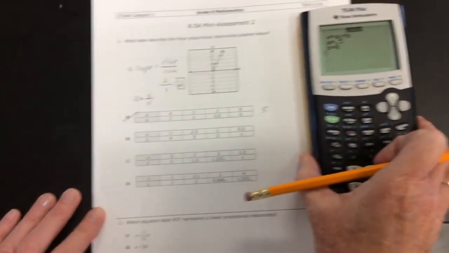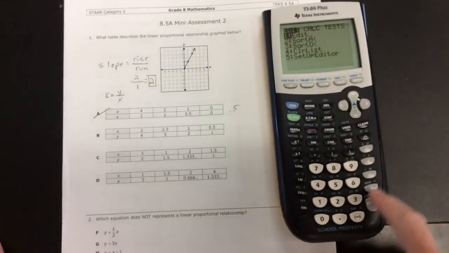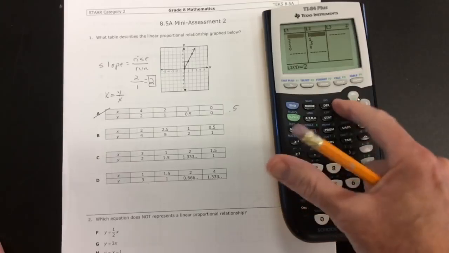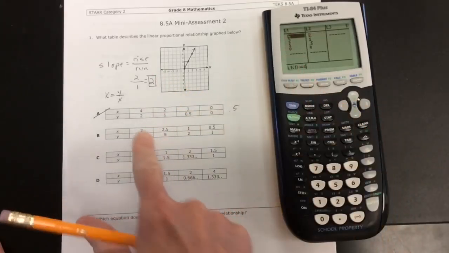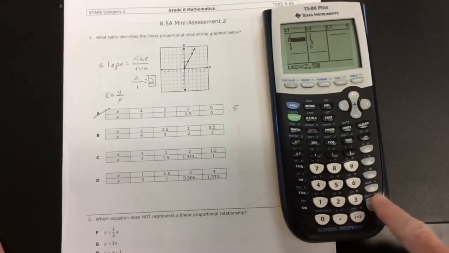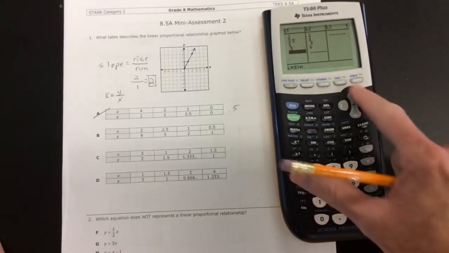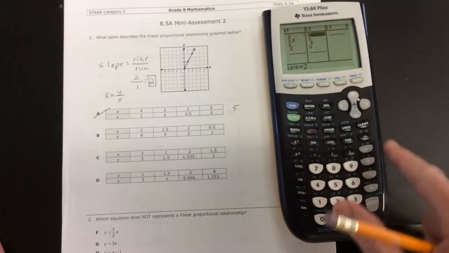Let's do the next one. Stat, edit, tab over. You can just type over these numbers that are already in there. 2, 2.5, 1, 0.5. Enter, go up, and over.